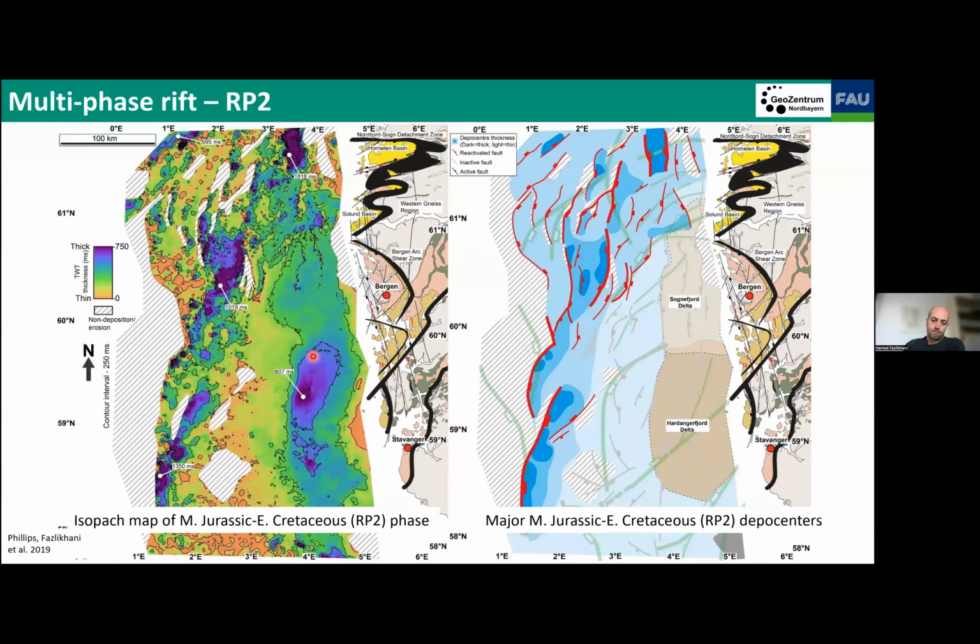The thickness maxima that we see here is related to the delta system developed during the second phase. What's interesting is that while rifting is ongoing along the Viking Graben, we have a kind of passive margin like delta development towards the east along the Stord Basin.